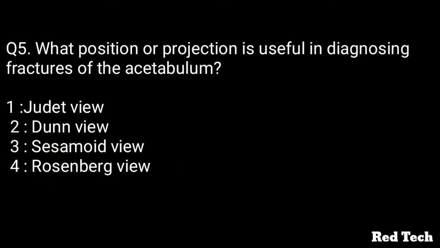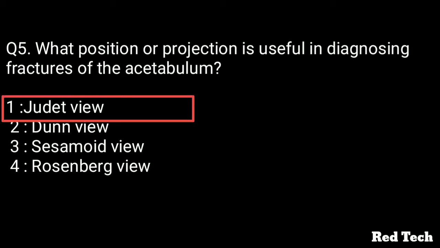Question number 5. What position or projection is useful in diagnosing fracture of the acetabulum? Option 1 is Judet view, option 2 is Dunn view, option 3 is Sesamoid view, and option 4 is Rosenberg view. So the right answer will be option 1, Judet view.